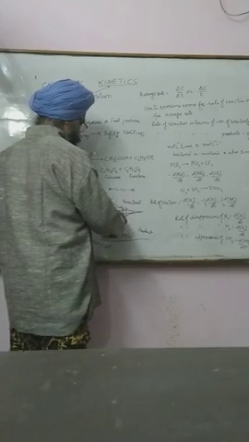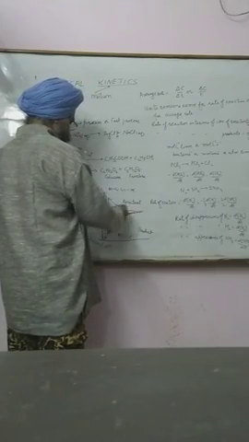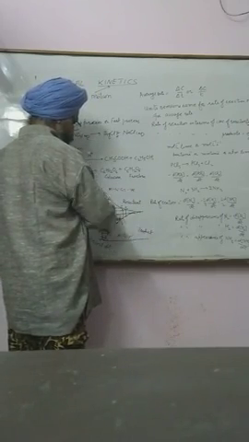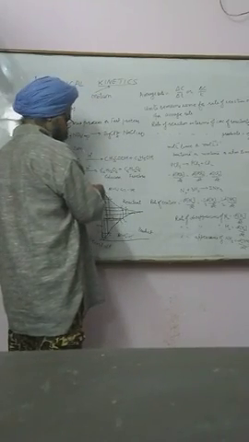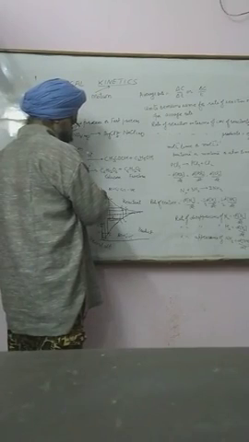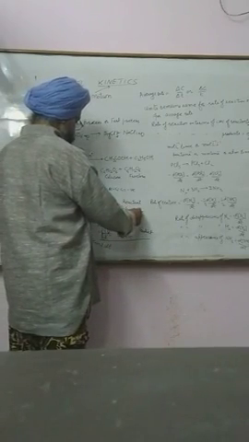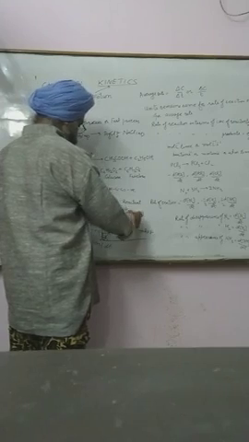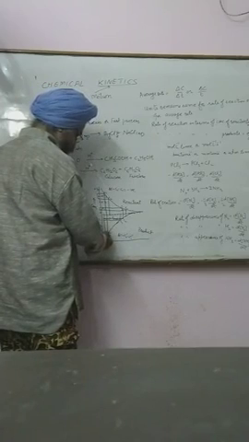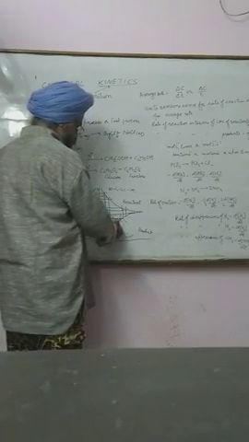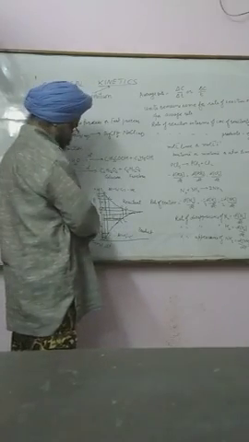It may be minutes or seconds, it depends on the convenience. And this part is for reactant and this part is for product. With the passage of time, the concentration of reactant decreases and ultimately may reduce to 0, while the concentration of product increases with the passage of time and reaches a certain value.